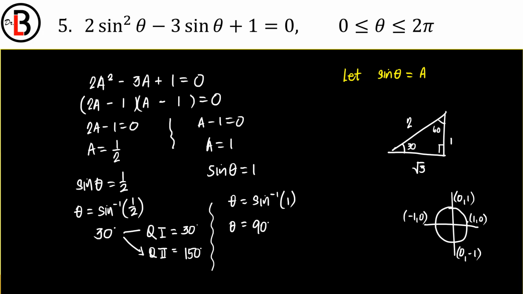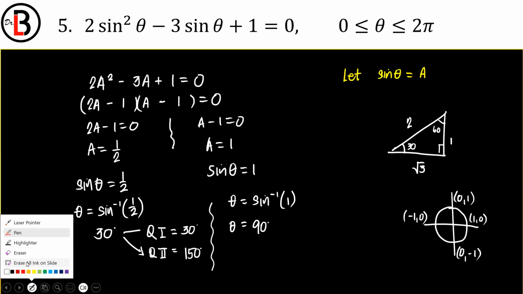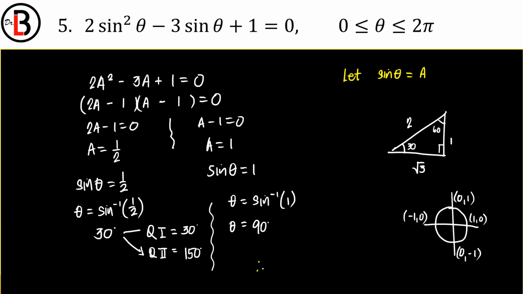So the sine will be the y values. So at 90 degrees, it's equal to 1. Therefore, since you're only asked to solve for answers within 1 revolution, I can say that my answers, the possible thetas, are 30, 150, and 90 degrees.